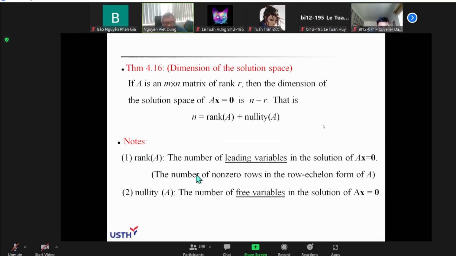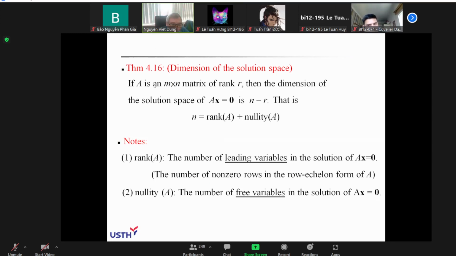Now, once again, I want to call your attention to the notions of leading variable and free variable. They are related to the notion of leading one, so you need to remember what a leading one is.